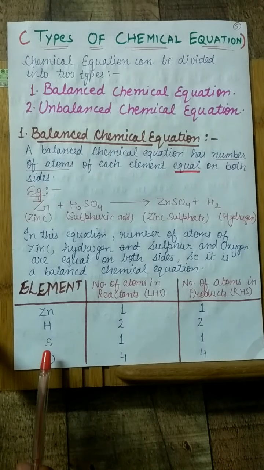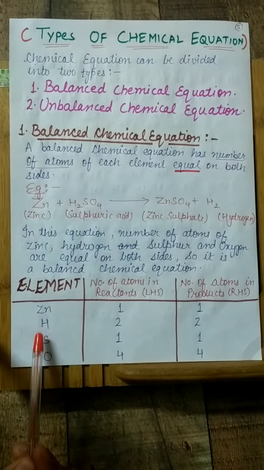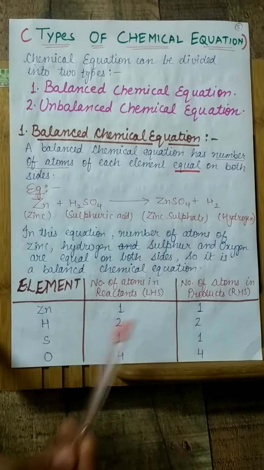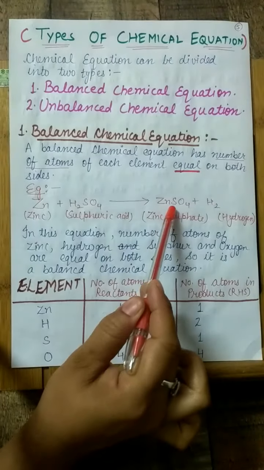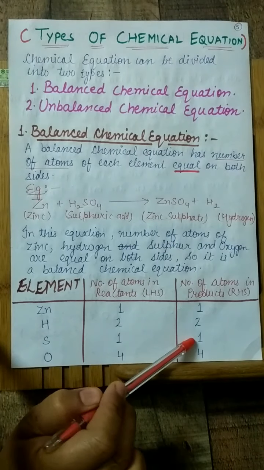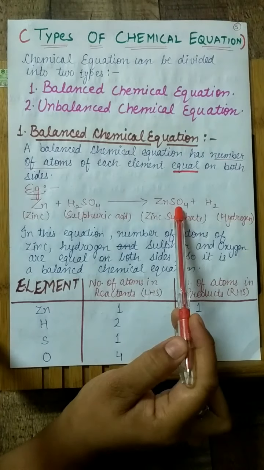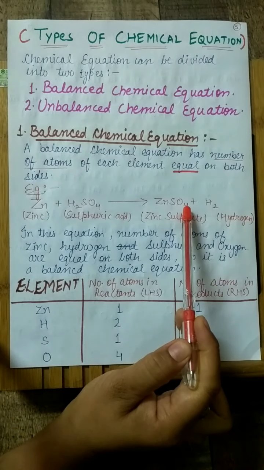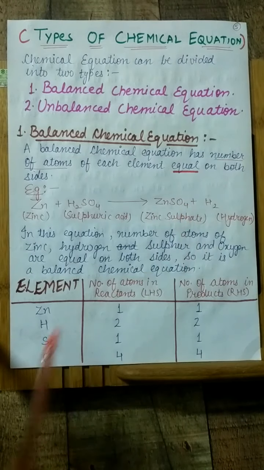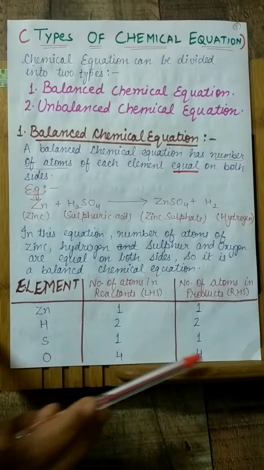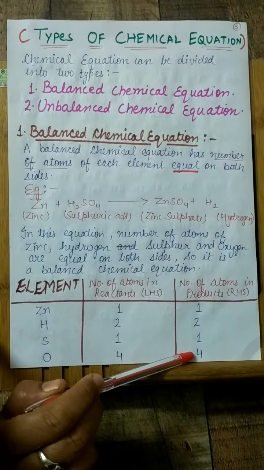Here sulfur is written in the third place, so in front of it I will write 1 because the sulfur atom is 1. Then comes the oxygen. The number of atoms present in oxygen is 4. So in front of it I will write 4.